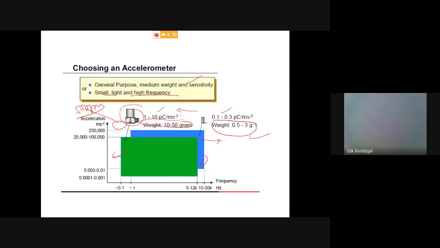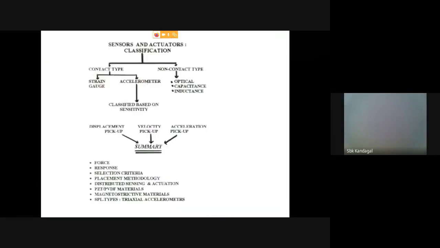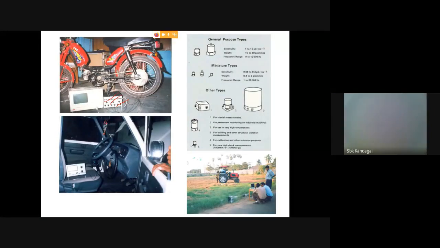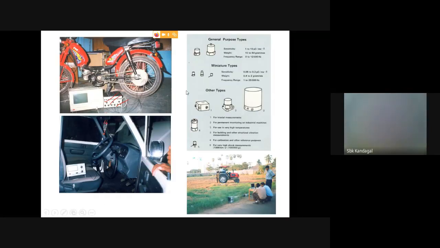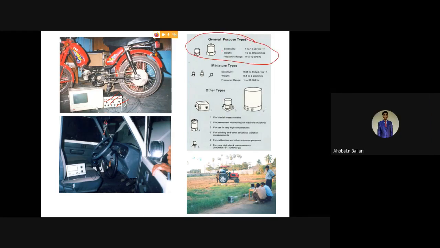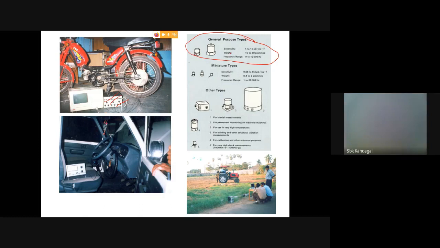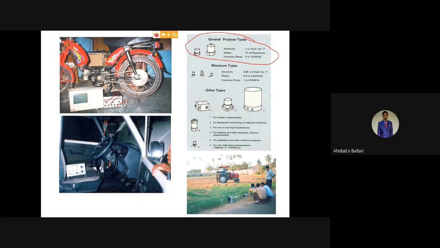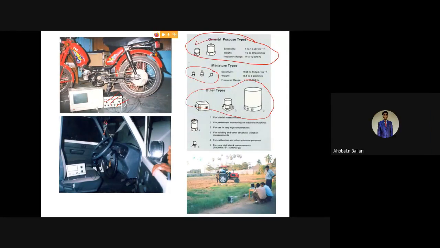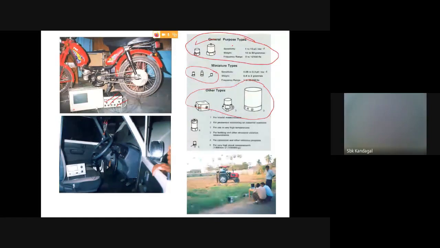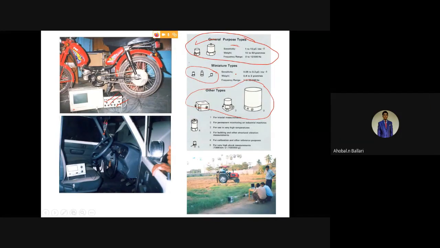Typically, for laboratory purpose, the general purpose accelerometers, as you have seen here, are quite good enough. For the field, you have the triaxial and high sensitivity ones. The miniature ones are for MEMS devices, small structures, etc. General purpose accelerometers are available for lab purpose and medium structures.